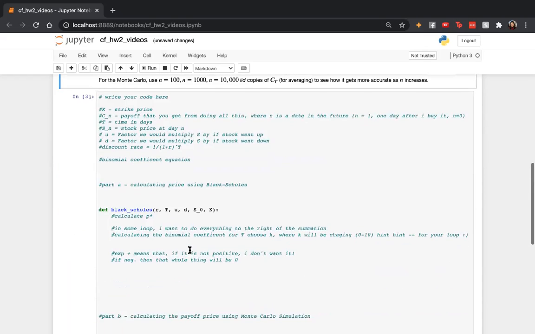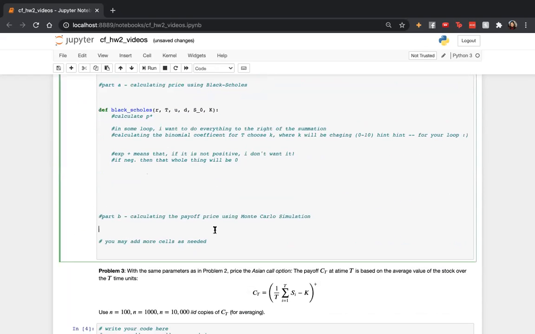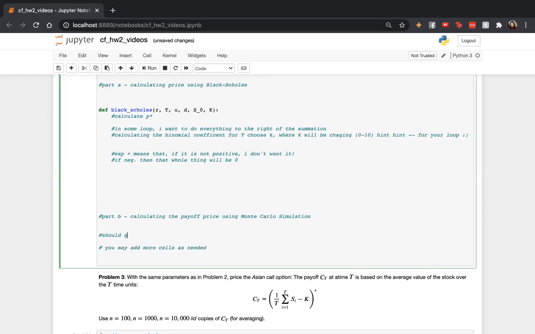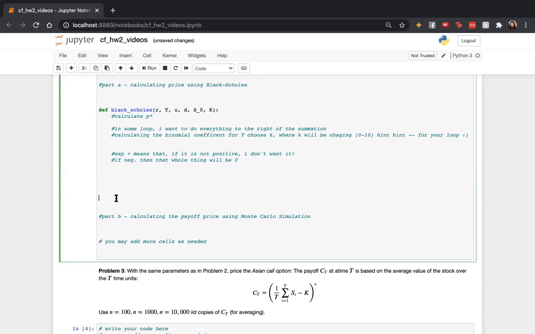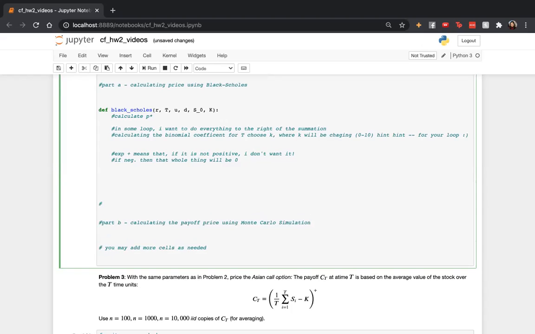And this problem should give, oops, I put it in part B. So for the first part, this should give you something approximately like 7.9-ish. Again, this is for your sake, we're going to be looking at the code.